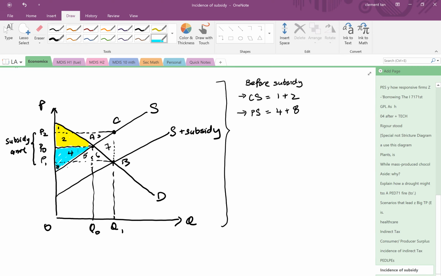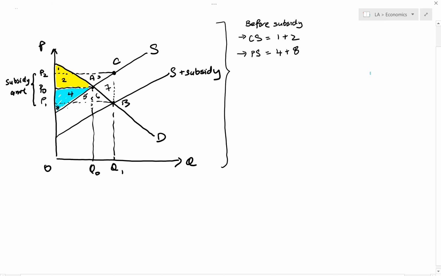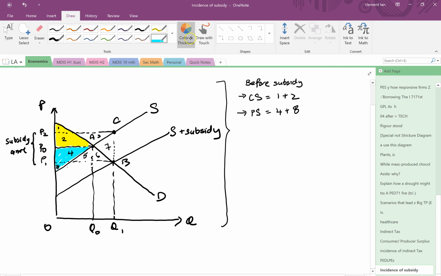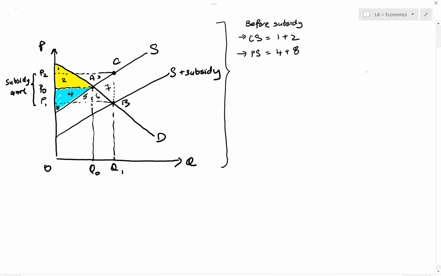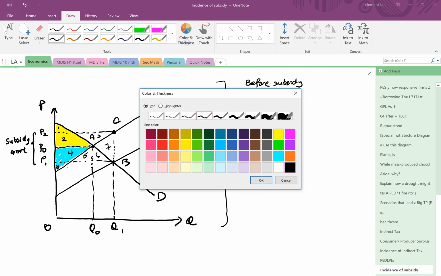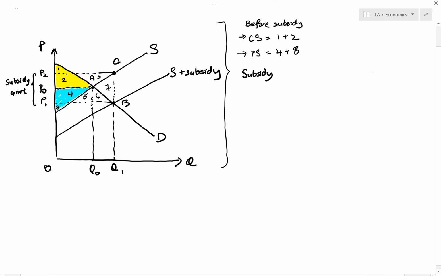Now, after subsidy is a bit special. Stay with me. The total subsidy is the subsidy amount times quantity sold. Correct?